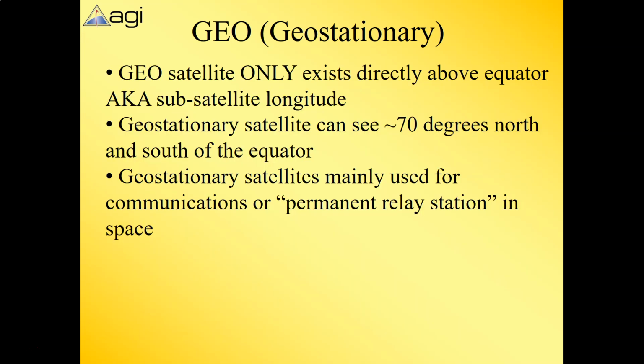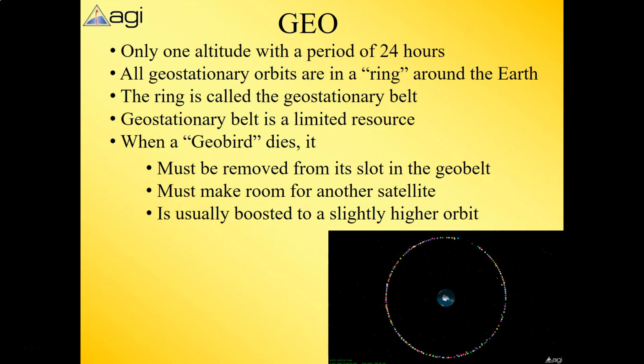They only exist over the equator. They can only see around 70 degrees north and south of the equator, and they are mainly used for communications or permanent relay stations in space.